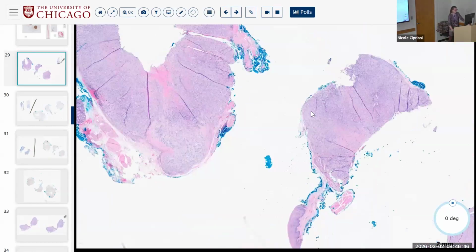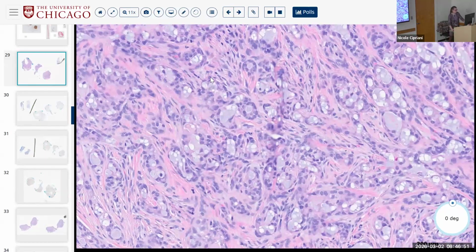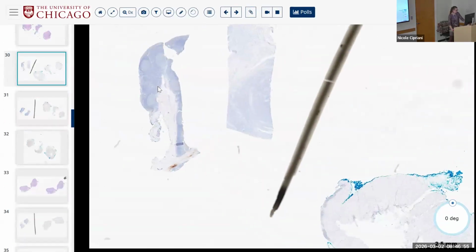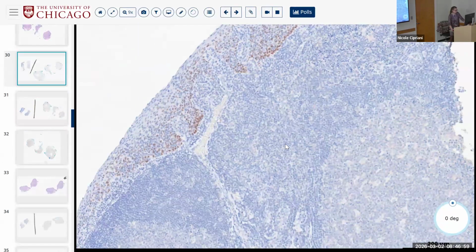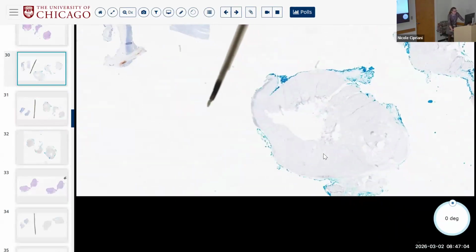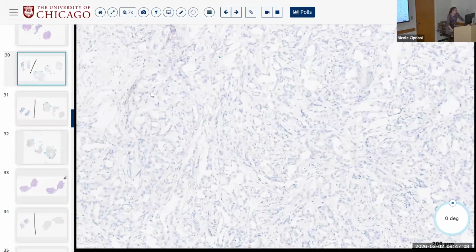This is one that we may or may not know right off the bat, but we're going to do our stains. Let's double check that this is P40. There's our positive control. And again, P40 negative.